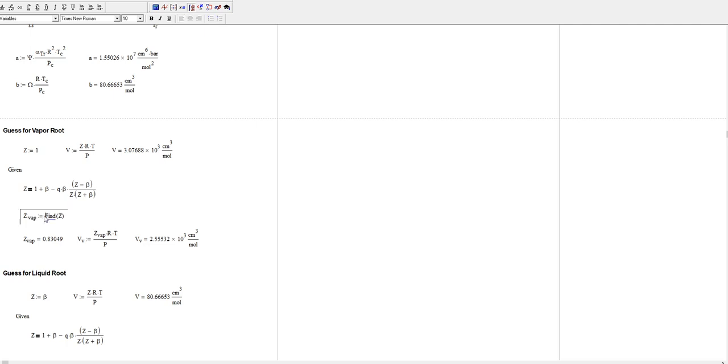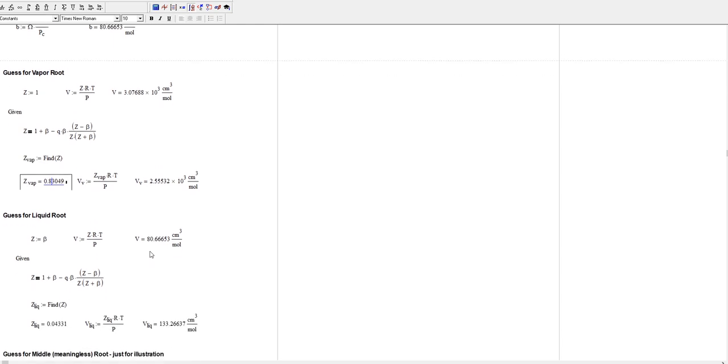The solving function is called Find Z. So this is my first guess of Z, this is my equation for Z, and my calculated value is going to be Find Z from this equation. So Z is equal to 0.83, or 83% of the ideal gas value. I calculate my new saturated vapor volume based on that, and I get 2555.3 centimeters cubed per mole.